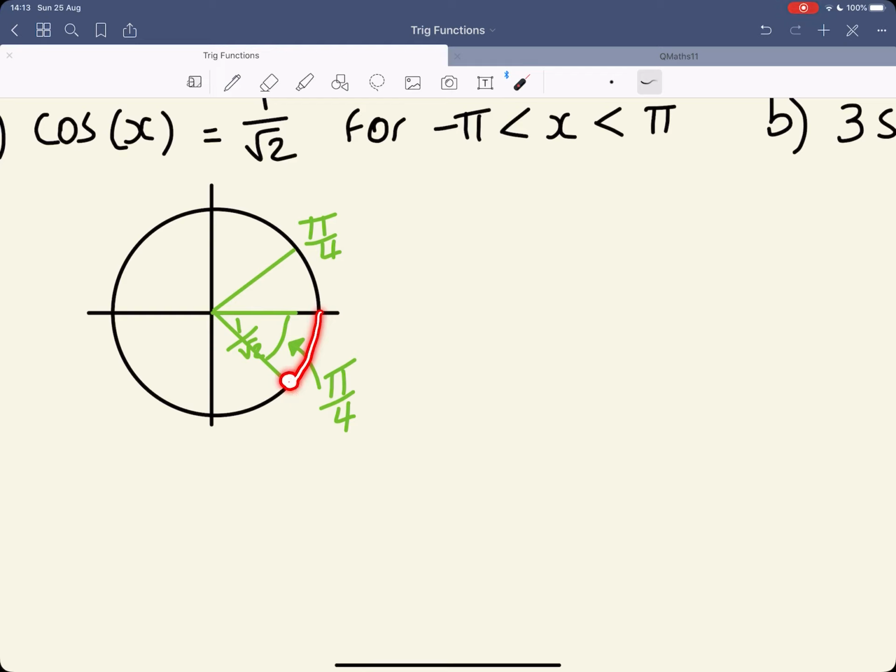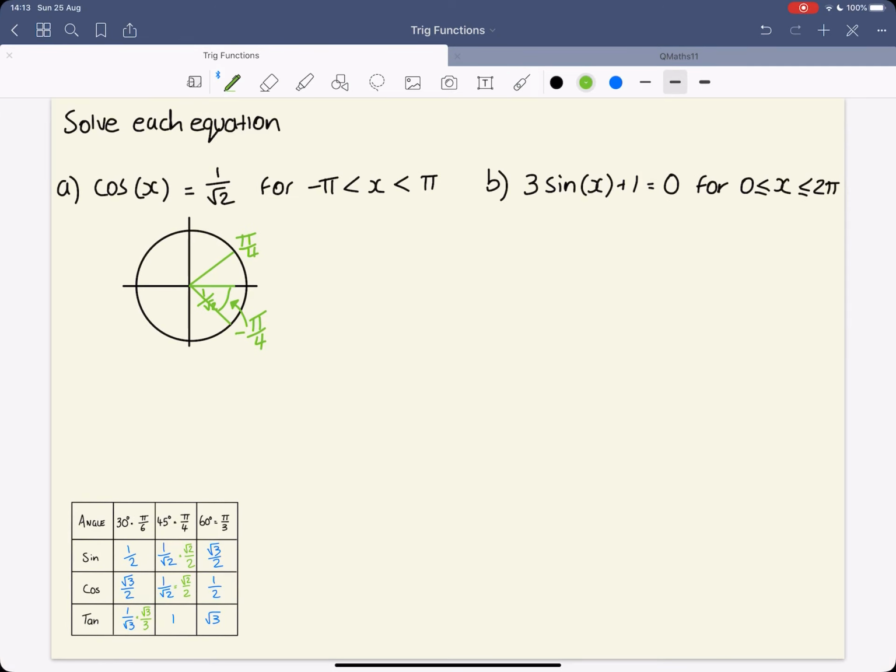So our angle here is negative pi on 4 and positive pi on 4. They are our two solutions for this question.